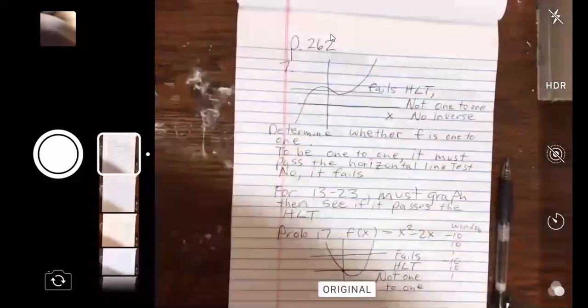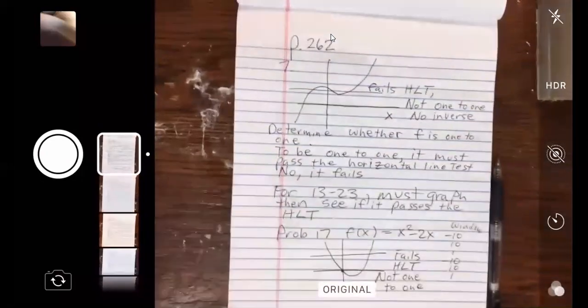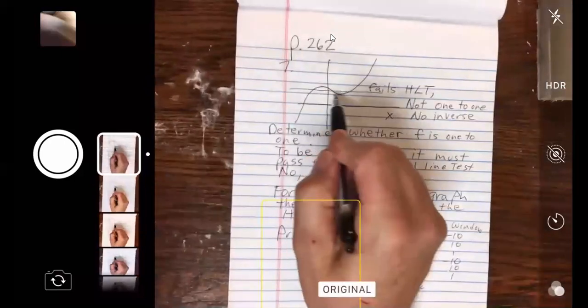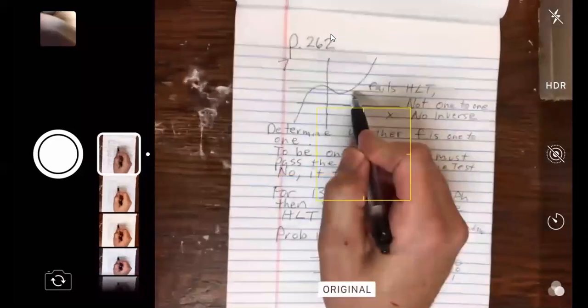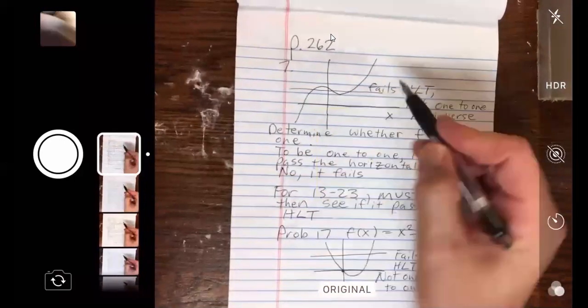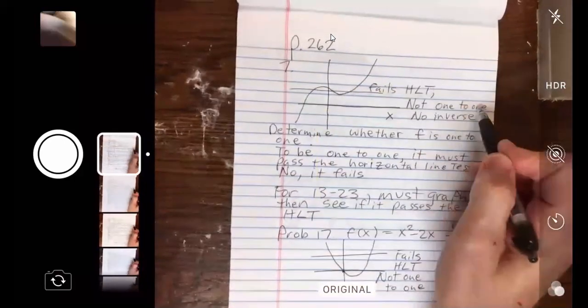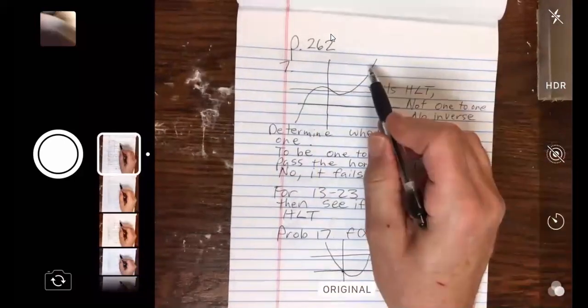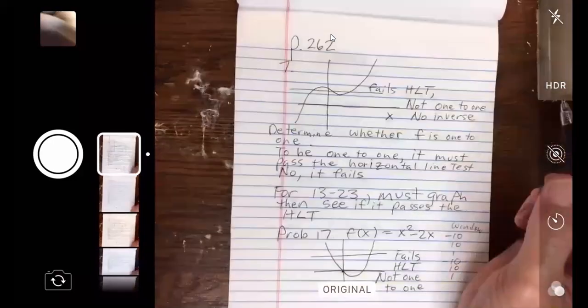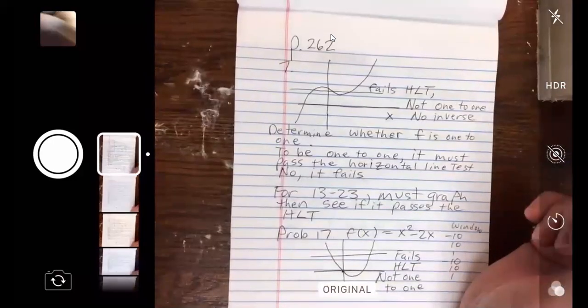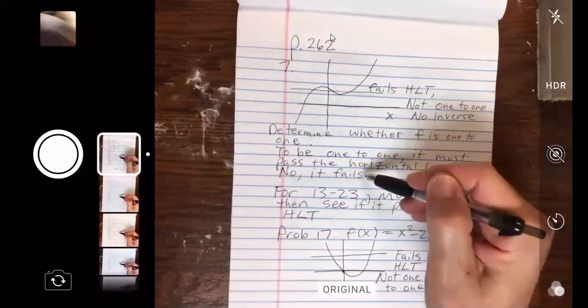And most of the places here, yeah, you can run a horizontal line through once and only intersect once. But right through the middle, do you see? I drew it here. It's going to fail. You're intersecting more than once right through the middle. So that fails your horizontal line test. This is not one-to-one. If they gave me a formula for this, this would not have an inverse. So no, this one fails.